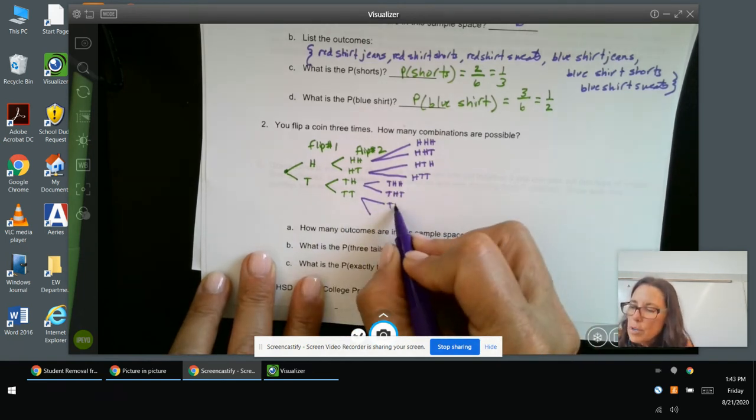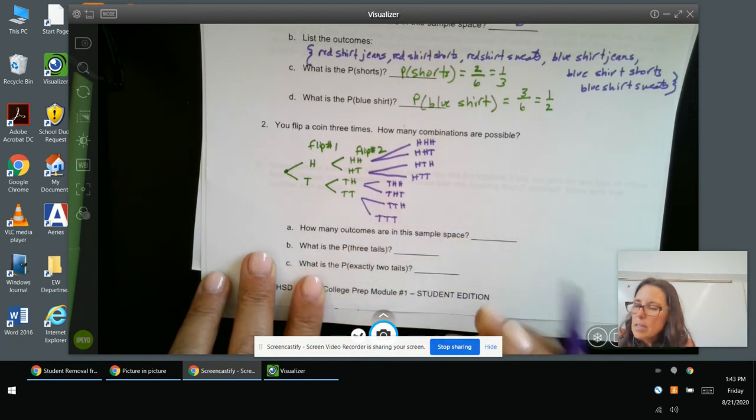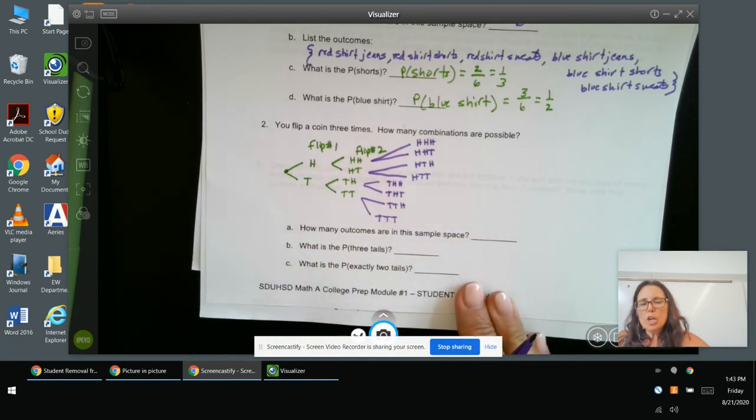TTH and TTT. So you could probably come up with all those possibilities, but this is an organized way to keep track so you're not missing anything.